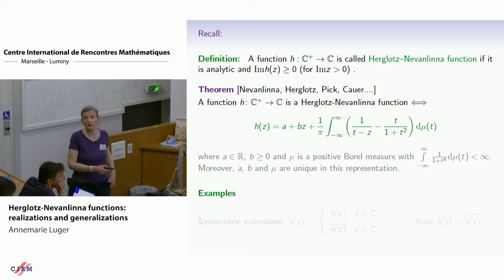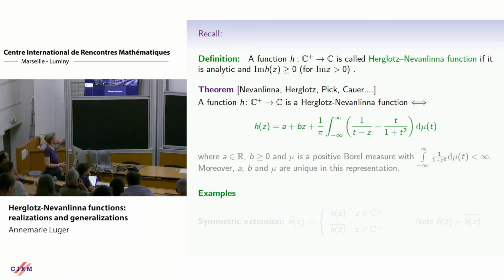The Lebesgue measure might be an example for that. And we know that the A, the B, and the mu are unique in this representation.